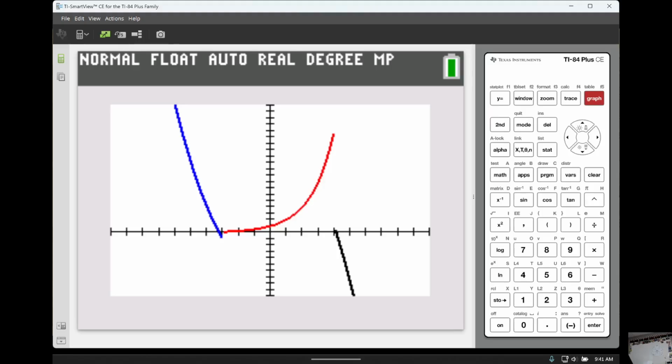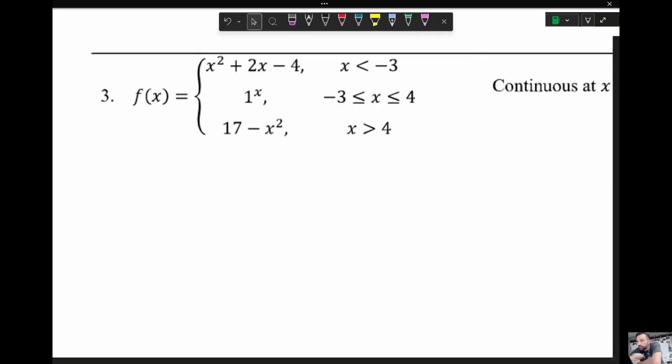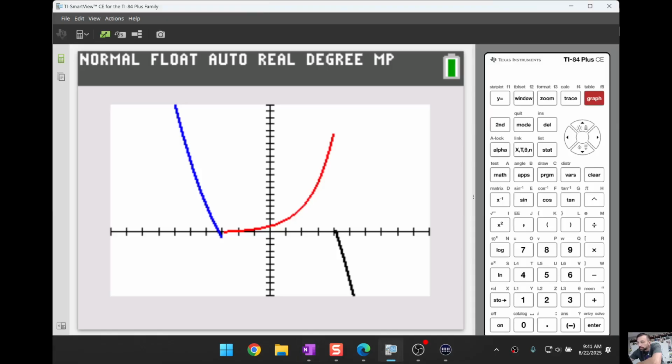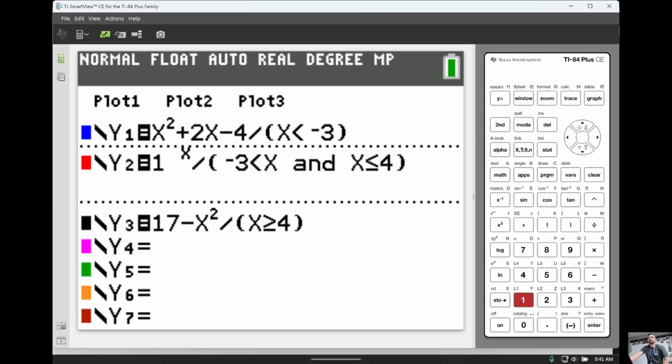I think you put 2 to the x instead of 1. One to the x. Why would you graph 1 to the x? I know, but 1 to the x is always 1.